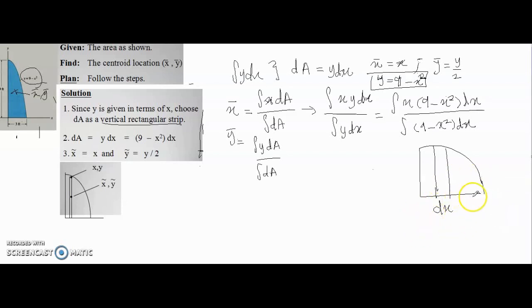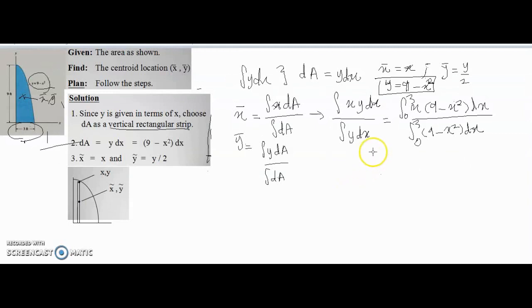Because we want to integrate over the whole area, the size is 3 feet, so from 0 to 3. We need to integrate using the function of x from 0 to 3, and the denominator also from 0 to 3.